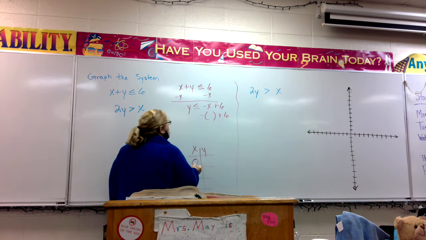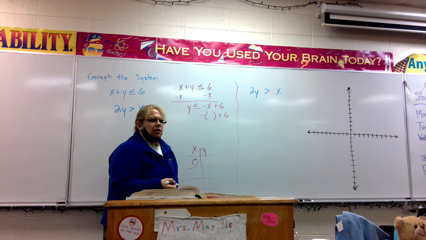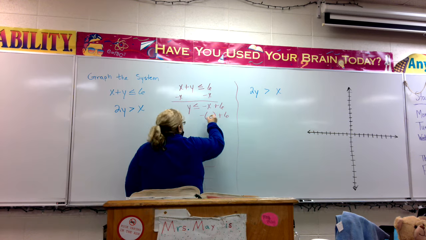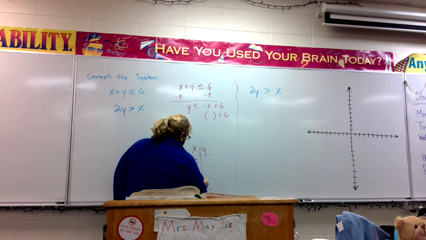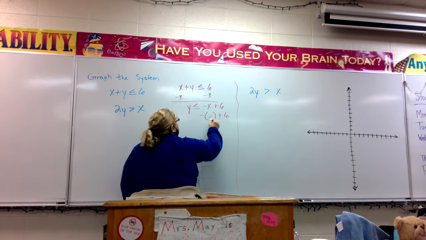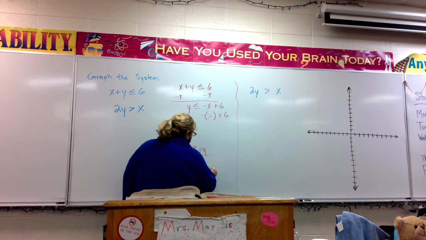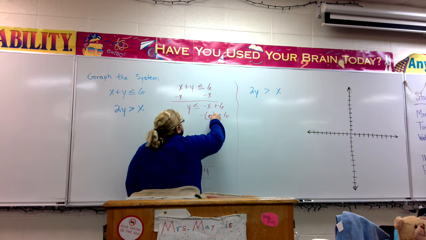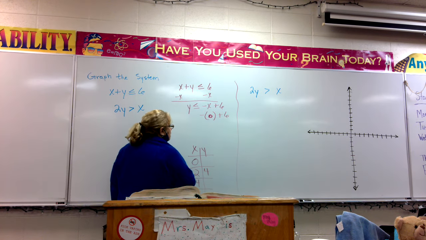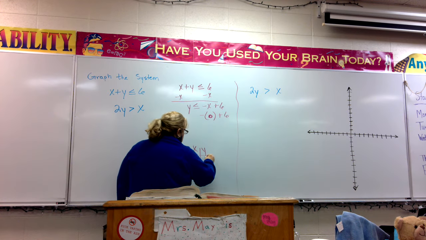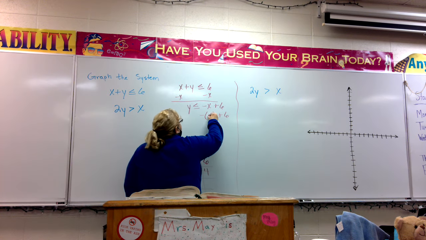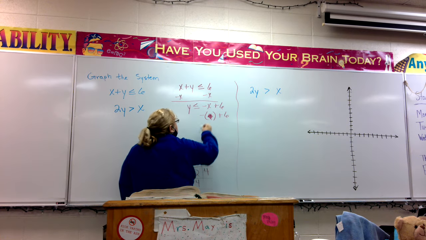I'll do 0. How about 2 and 4? If I put 2 in there, what do you get? I forgot to put 0 in there. If I put 0 in there, 6, and if I put 4 in there, 2.